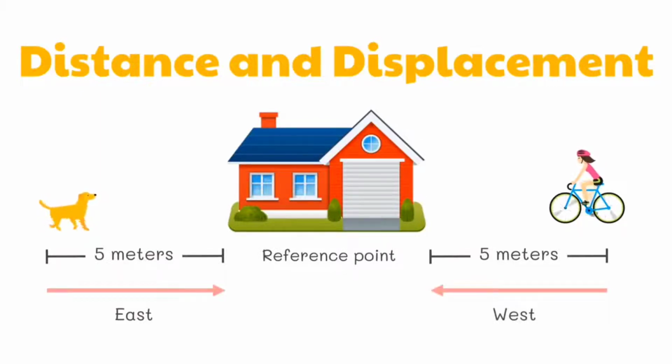Even though they both move through equal distances, their displacements are different because the dog moves to the east while the cyclist moves to the west.